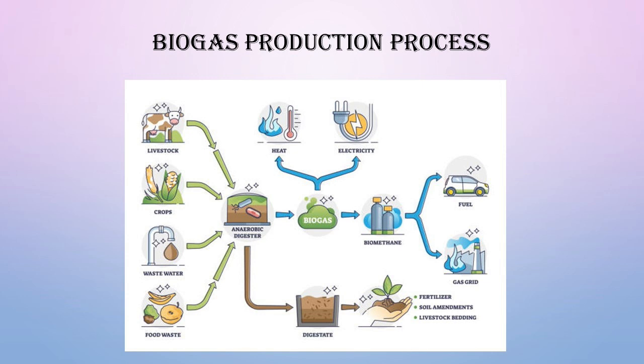In the acid formation stage, the biodegradable complex organic compounds present in the waste materials are acted upon by a group of acid forming bacteria present in the dung. Since the organic acids are the main products in this stage, it is known as the acid forming stage. In the second stage, a group of methanogenic bacteria act upon the organic acids to produce the methane gas.